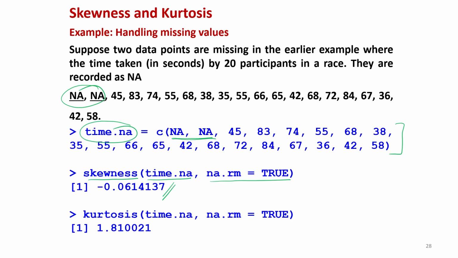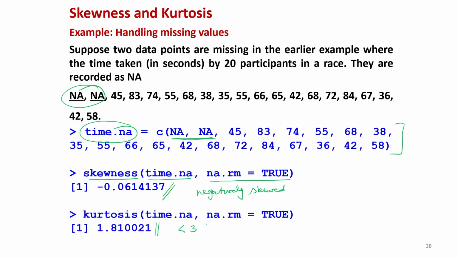So, you can see that although the value is quite close to 0, it still has the minus sign. So, I have to say that this is negatively skewed data, because now you have removed two data values. And the kurtosis, if you try to see here, is again 1.81, which is less than 3.